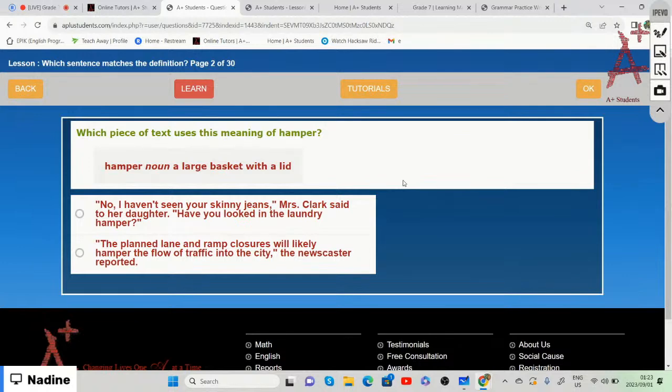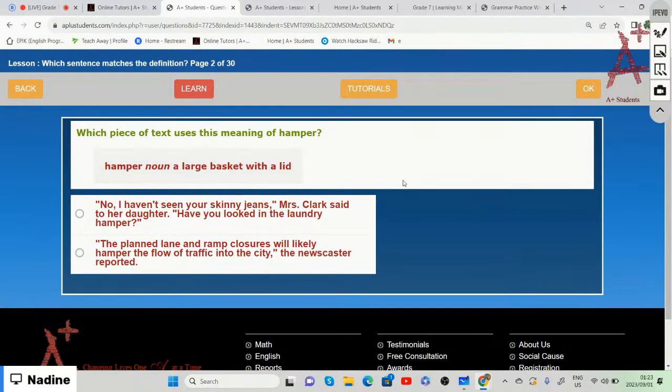All right. So, hamper, a large basket with a lid. I'm going to read the two sentences again. "No, I haven't seen your skinny jeans," Mrs. Clark said to her daughter. "Have you looked in the laundry hamper?"